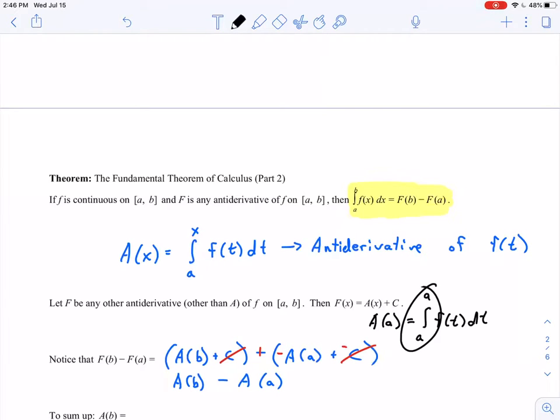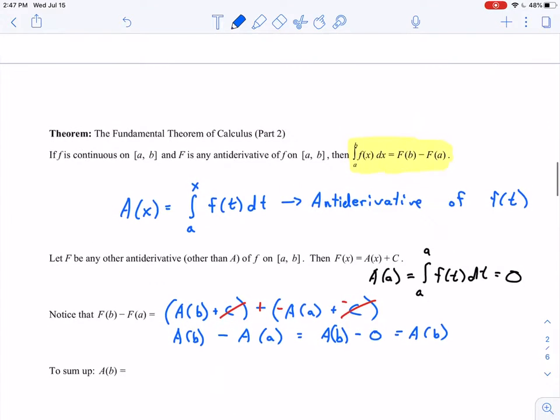Your lower limit and your upper limit of integration are the same, which means that capital A of little a is equal to 0. So that means when I look at A of b minus A of a, that's A of b minus 0, or simply just A of b.